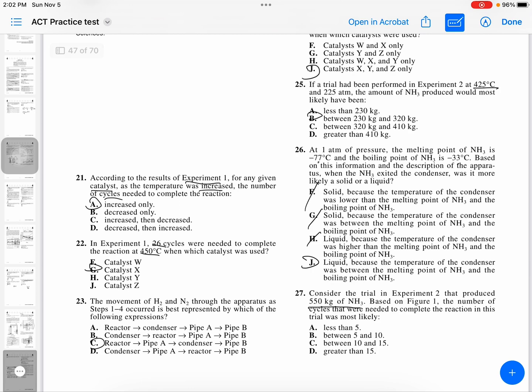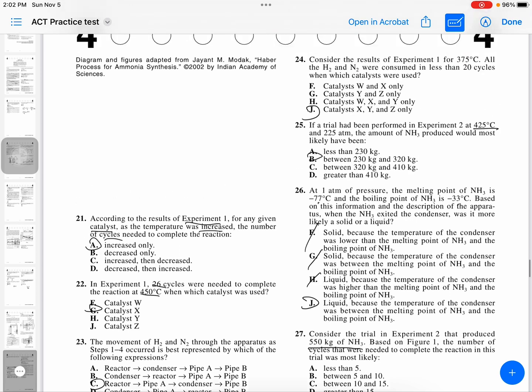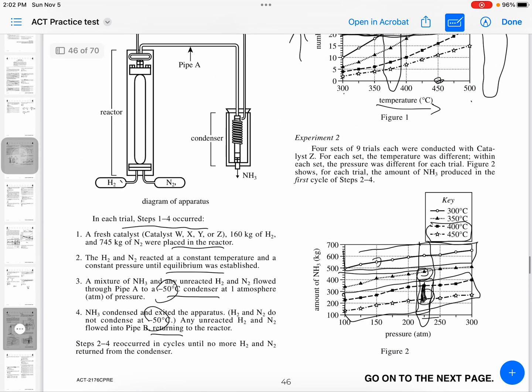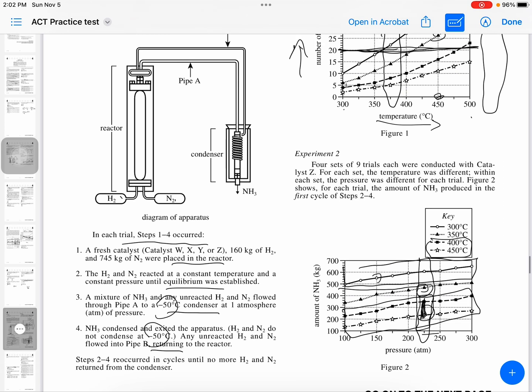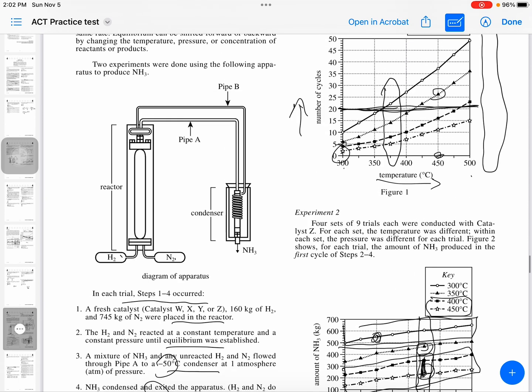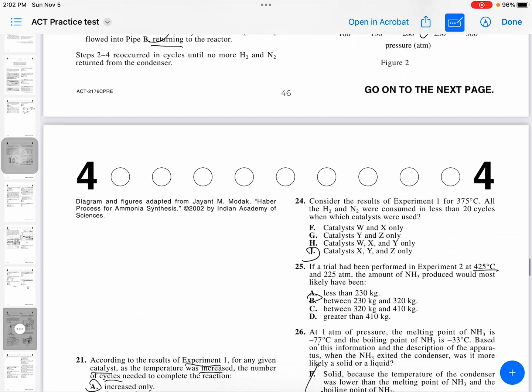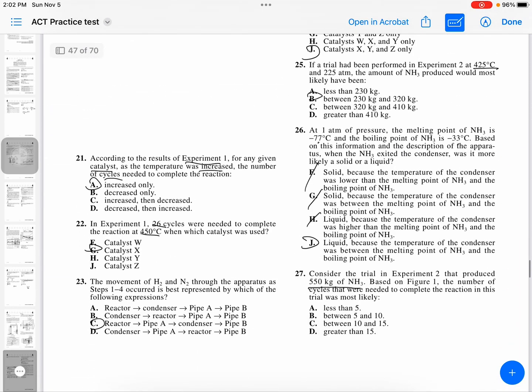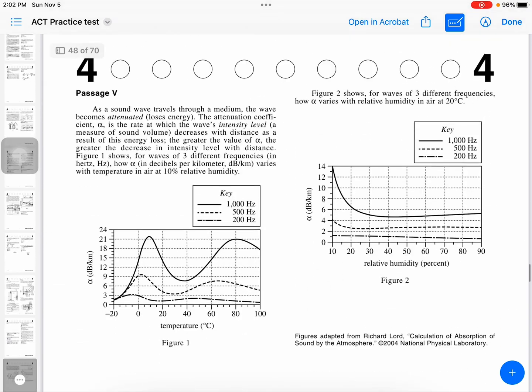Consider the trial in experiment 2 that produced 550 kilograms. So that's 150 atmospheres pressure, 300 degrees. Oh, okay, so there we are. 300 degrees, this open circle. And so that's going to be either less than 5 or between 5 and 10. I'm just going to go ahead and say less than 5.